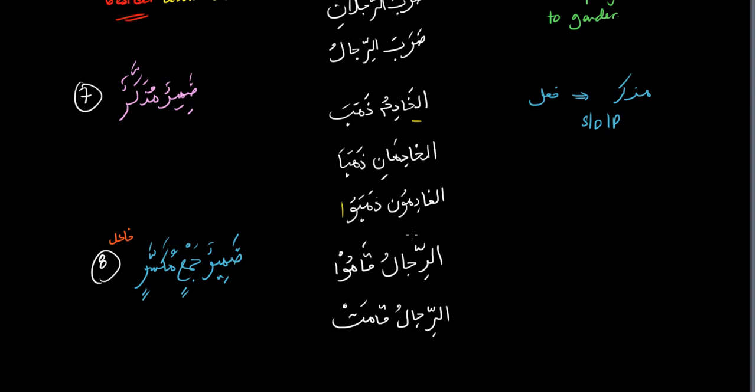قاموا رجال. Anyways, the doer is الرجال, this is mukassar, right? And it's doing the action, subject, right? Khamu. So in this case you can do jama muzakkar, or you can do wahid muannas, like in this case, khamat.